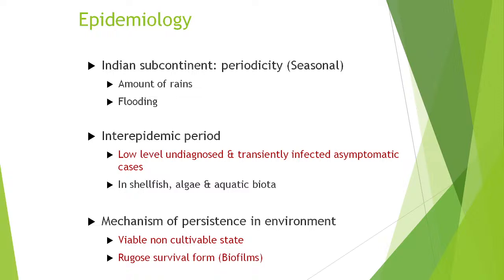Then they also exist in the form of biofilms. On the aquatic water body or plantations, they exist as biofilms in a sessile form, and from there the planktonic forms keep separating and coming into the water body. People drink, animals drink that water, and then get infected.